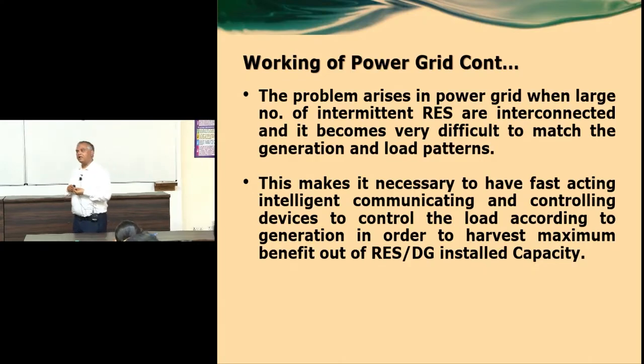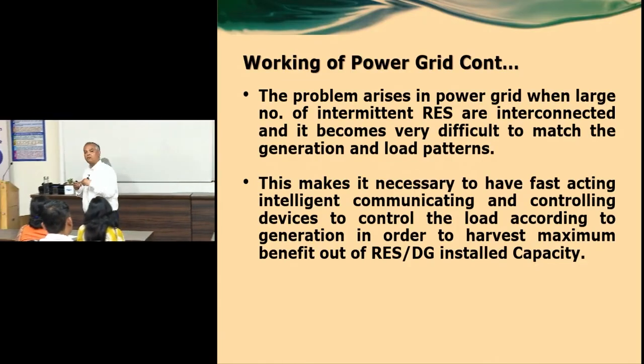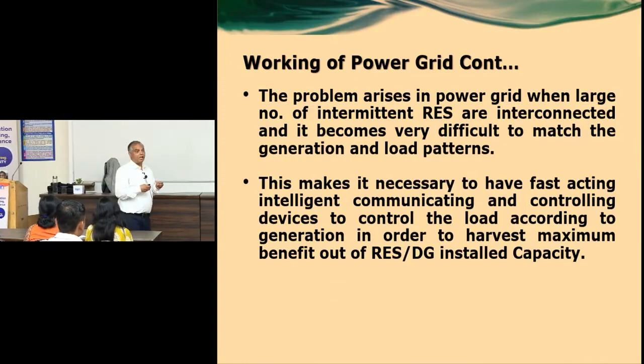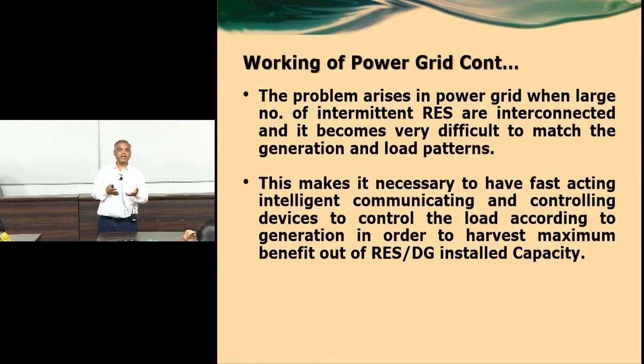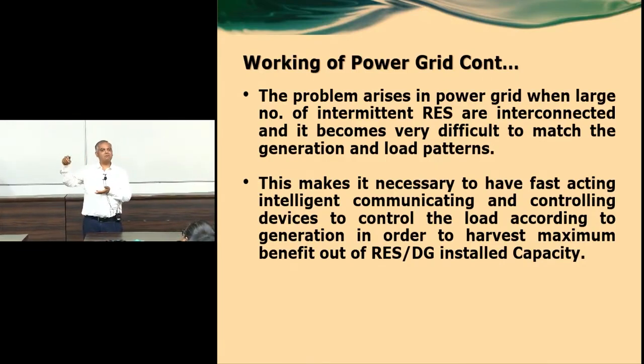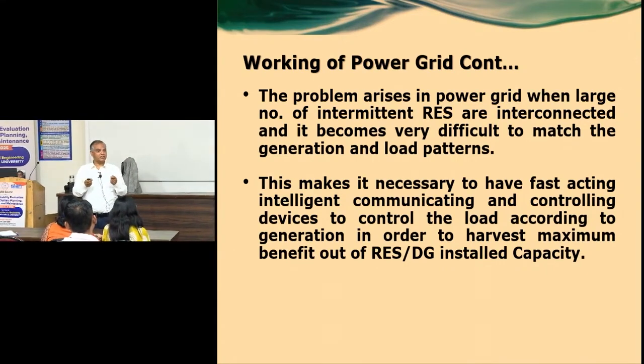So what we did? You can calculate the amount of reactive power to be supplied, and since only 20% of the capacity was utilized, 80% was already available, or you can say the square root of 100 squared minus 20 squared, which is more than 80%. So that much reactive power support was already available in terms of grid-tied inverters.